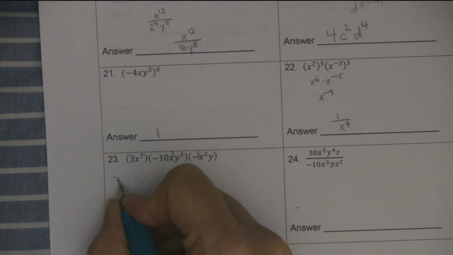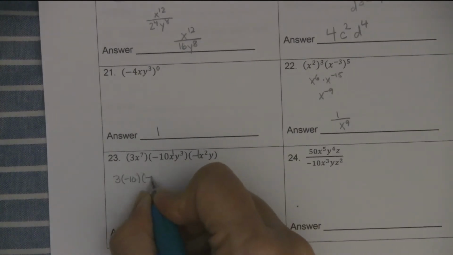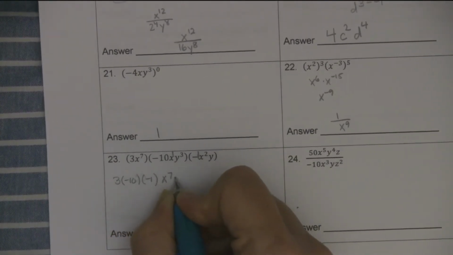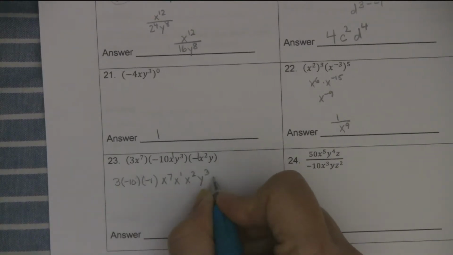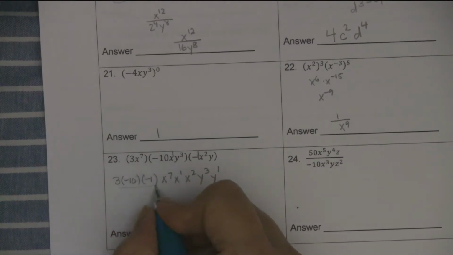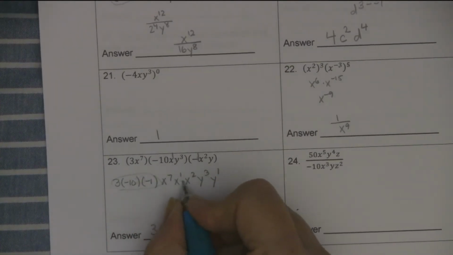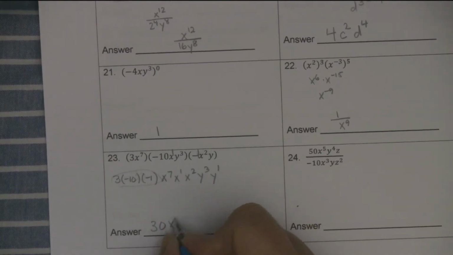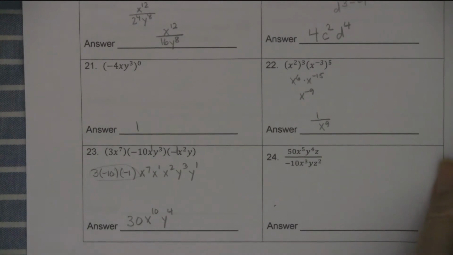So 3 times negative 10 times negative 1. And then x to the 7, x to the 1, x to the 2, and y to the third, and y, right? And this is y to the 1. So here I have positive 30. I add those exponents: x to the 10, and y to the 4. And so there's my answer there.